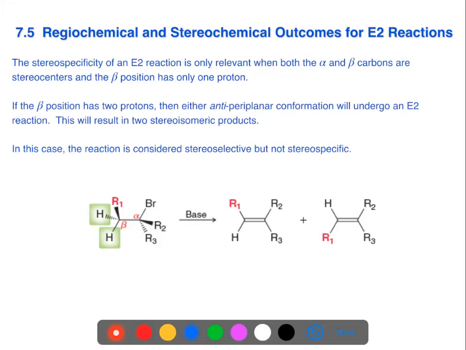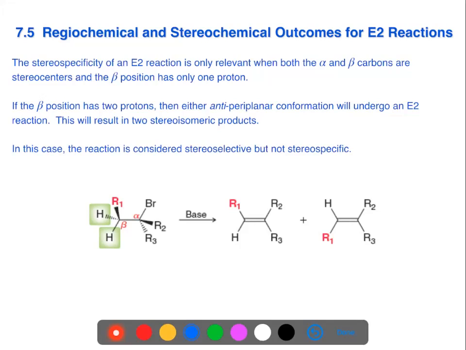Now the stereospecificity of an E2 reaction is only relevant when both the alpha and beta carbons are stereocenters and the beta position only has a single proton. If, however, the beta position has two protons, then either of these two protons can be arranged such that it is anti-periplanar to the leaving group. In this situation, both stereoisomeric products will be obtained.